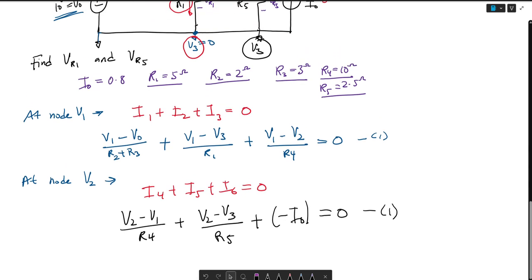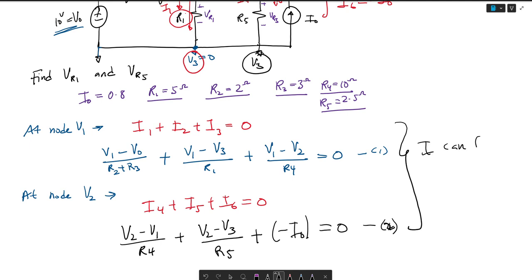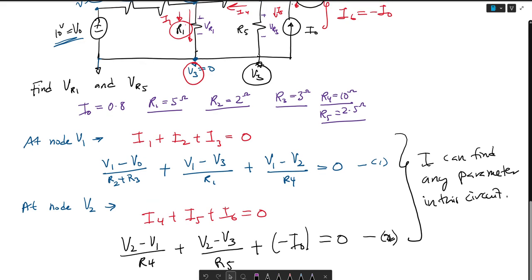And this is the second equation. With these two equations, I can find any parameter in this circuit, which is why nodal analysis is so nice.